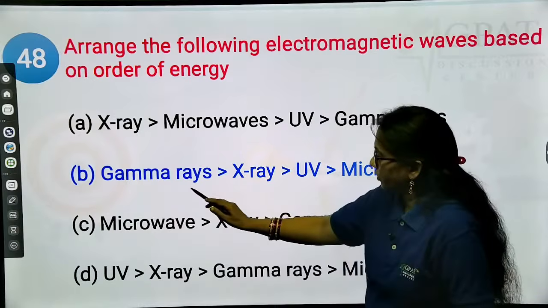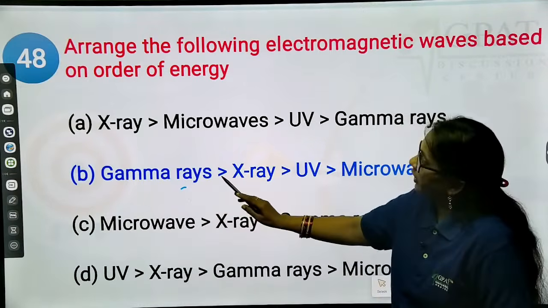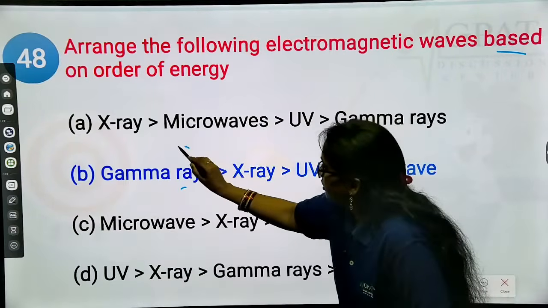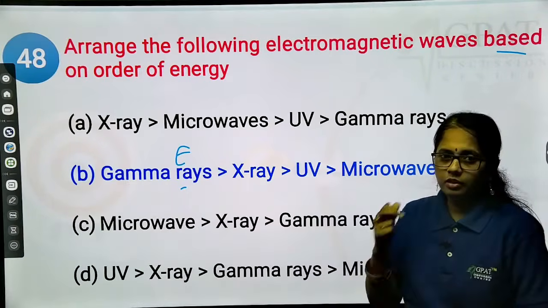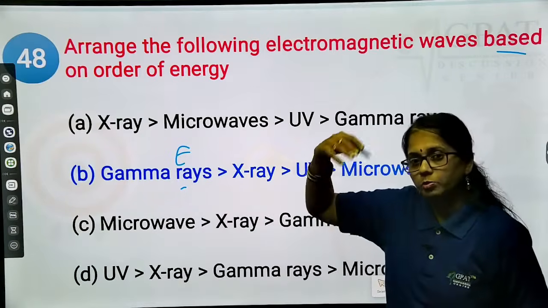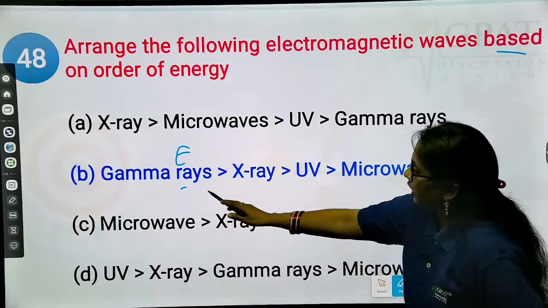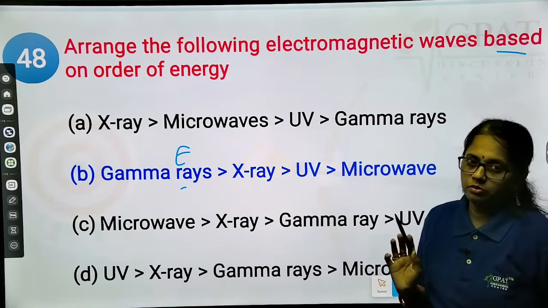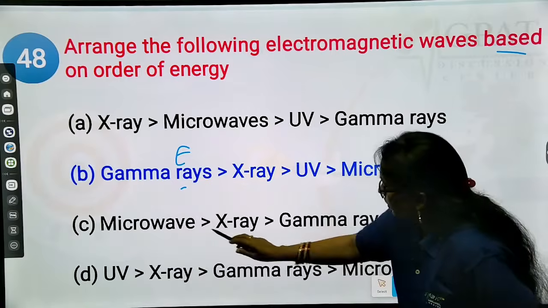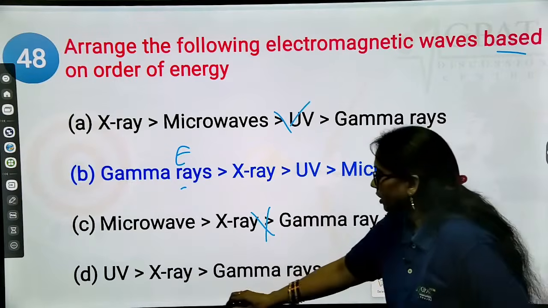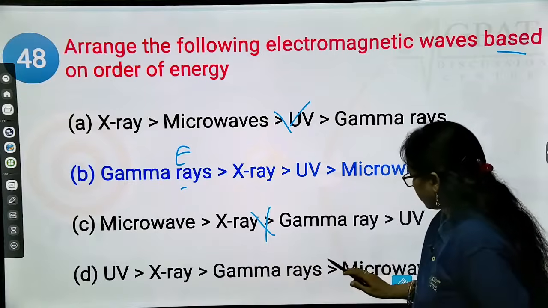Wherever you observe the gamma rays, they are highest in the order of energy. Here the wavelength is very less, so the energy is going to be more. Gamma rays will have more energy than X-rays, than UV, than microwave. The other options, microwaves, X-rays, gamma rays, UV, are also jumbled, and UV, X-rays, gamma is also jumbled.